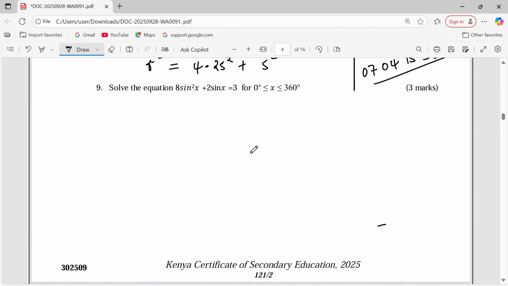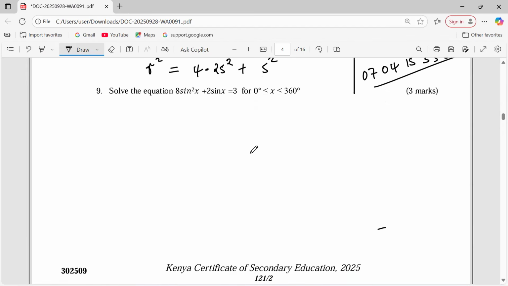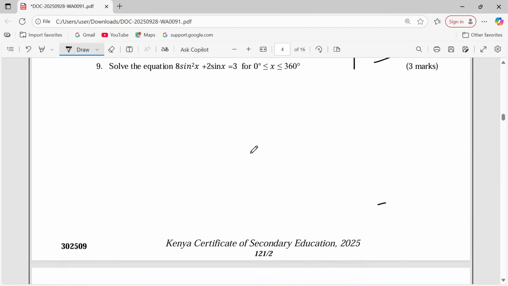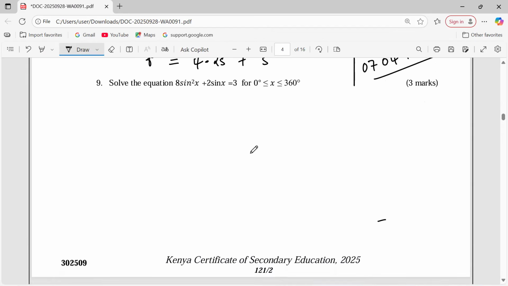You can see the trigonometric ratio which has been involved here is only sine, but it has been squared at some point. Therefore, we shall not apply the trigonometric identity, but we shall let the sine of x be a certain unknown, maybe t.